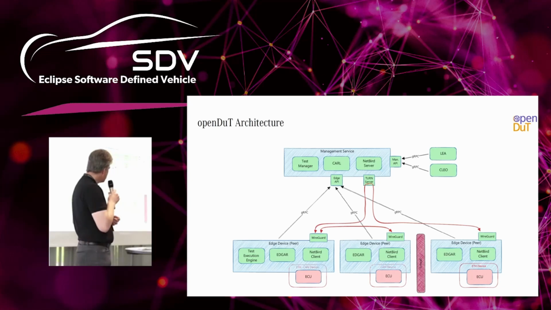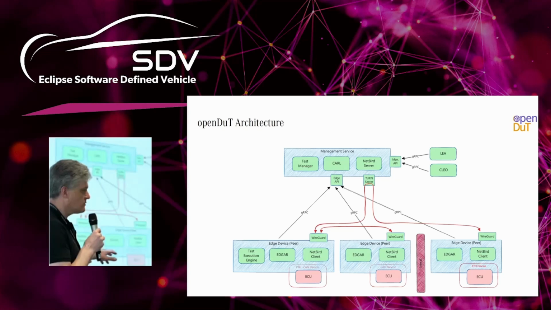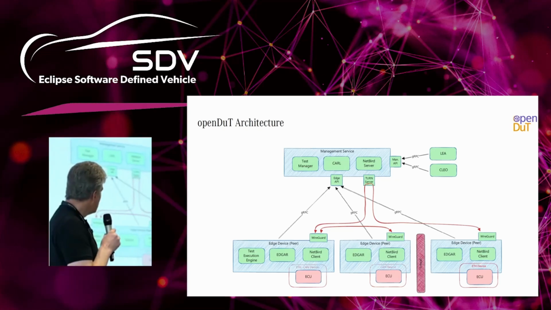Just a closer look at how that interacts within the openDuT framework. We have on top the management service with the car management server. We use Network as an open source technology to configure the VPN connections. Each of the peer devices opens a VPN connection for the automotive buses connections.